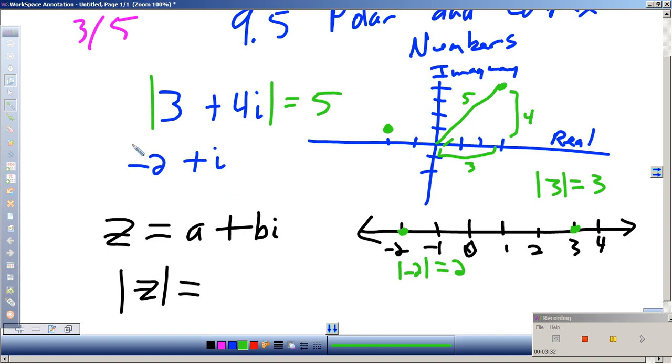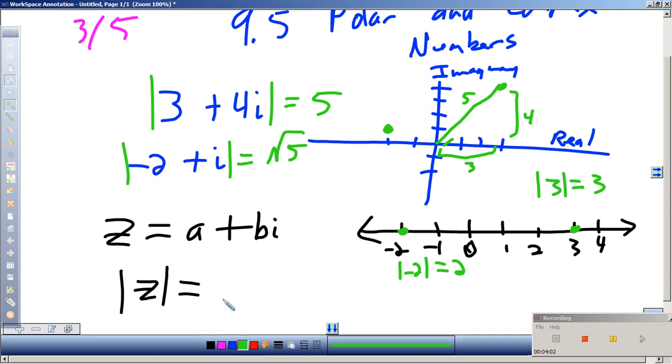So how would we do the absolute value of this one? Yeah, root 5. What it is, is -2 squared plus 1 squared.